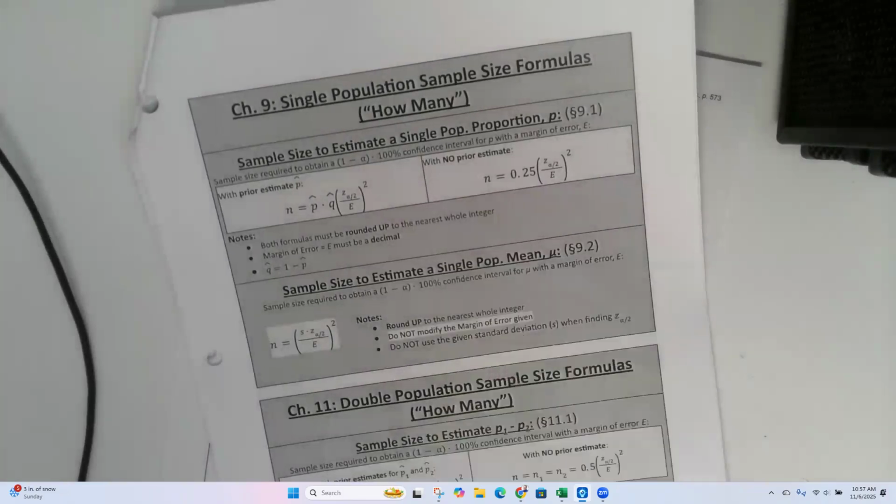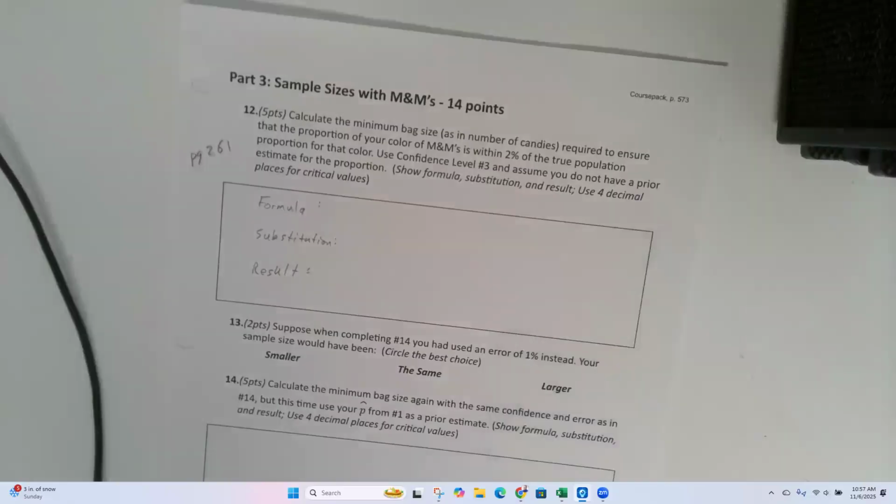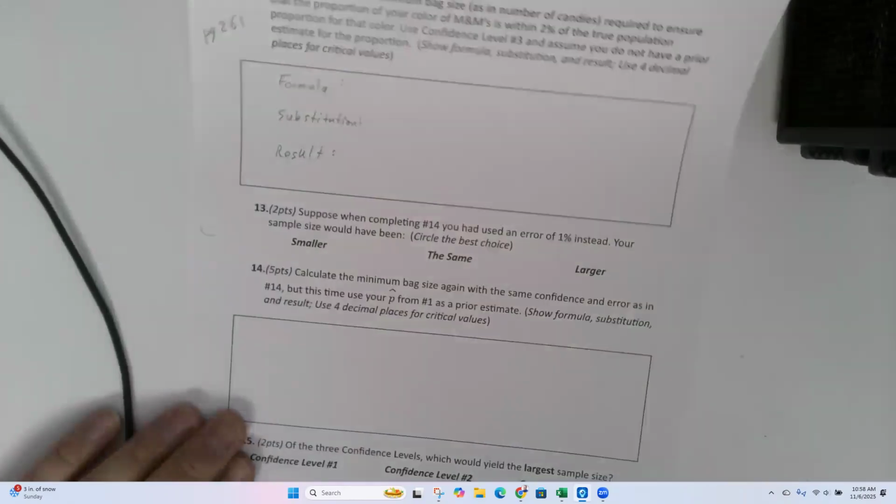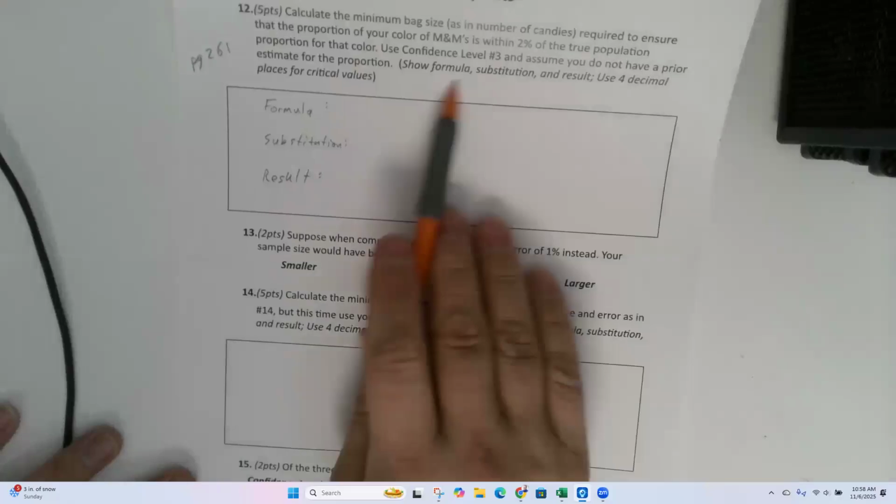On the other hand, if you have done this experiment once before, which we did, you can just use your previous guess of what the proportion was. But for this one, we're going to assume that we don't have a prior estimate.